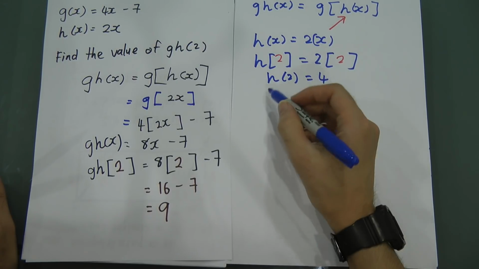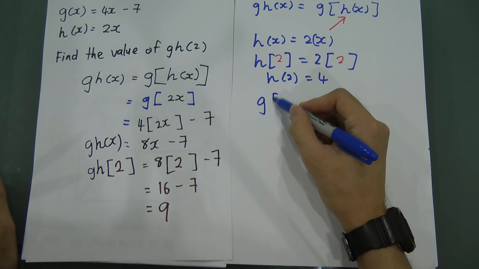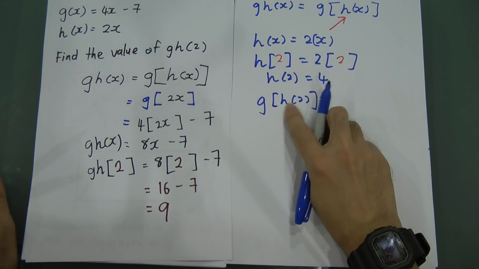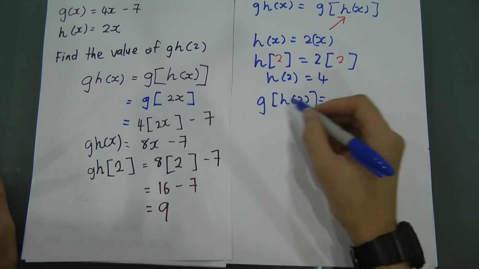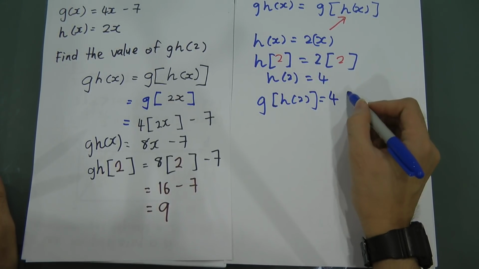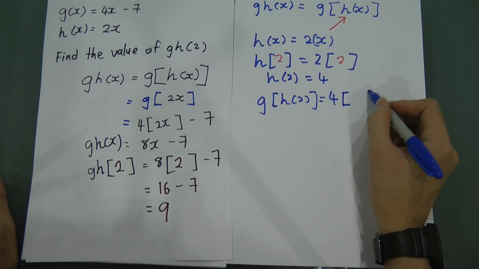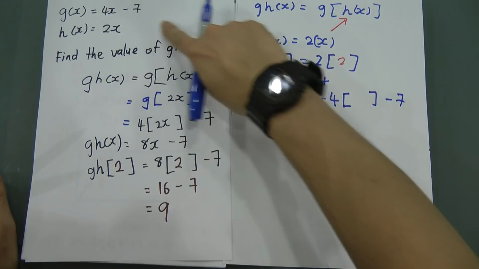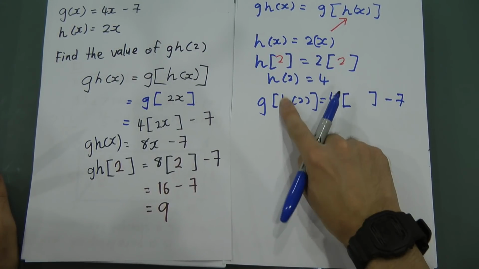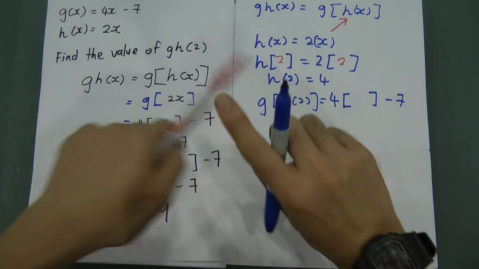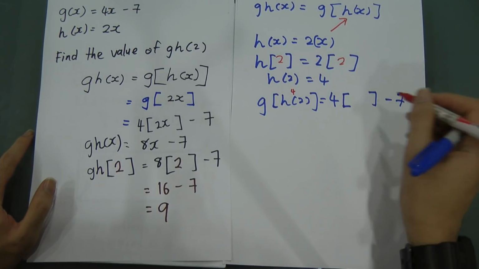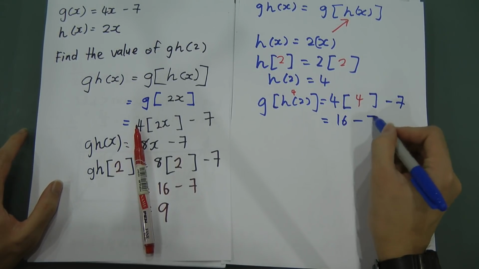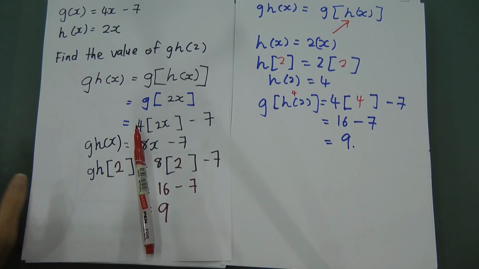Then you want to find g(h(2)). Since h(2) is 4, gh(2) equals g(4). g(x) is equal to 4x minus 7. So when x equals 4, we get 4 multiplied by 4 minus 7, which is 16 minus 7, then we get 9.